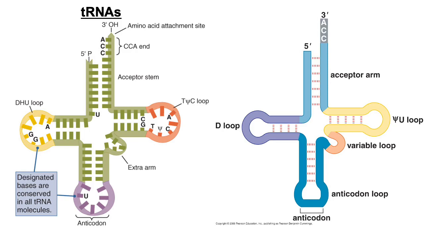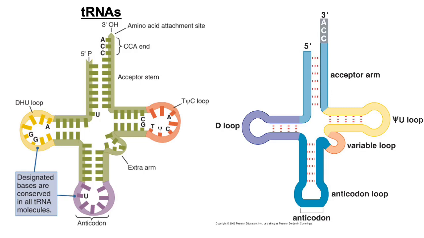So the 2 things I want to draw your attention to are the very bottom of each image where it says anticodon, and the ACC, or the CCA end, I should say, at the 3' terminus of the sequence. The CCA end is where an amino acid will get covalently attached to your nucleotide chain, your tRNA.